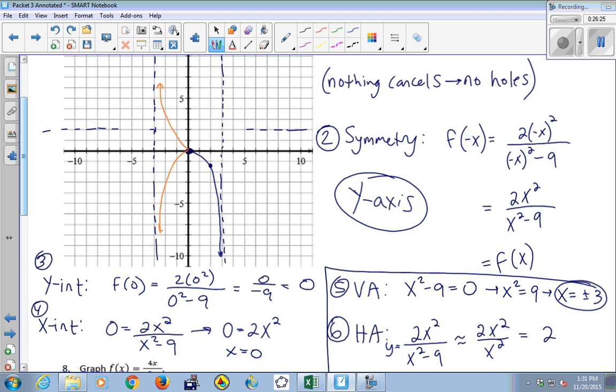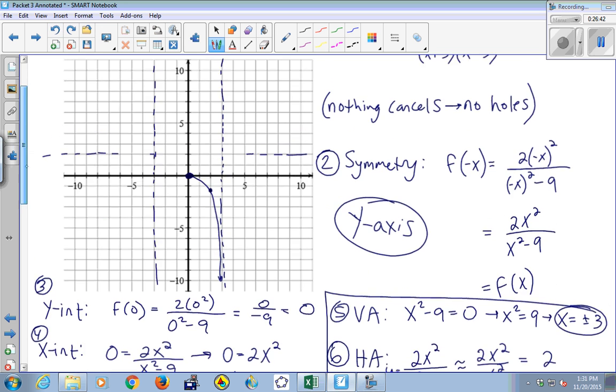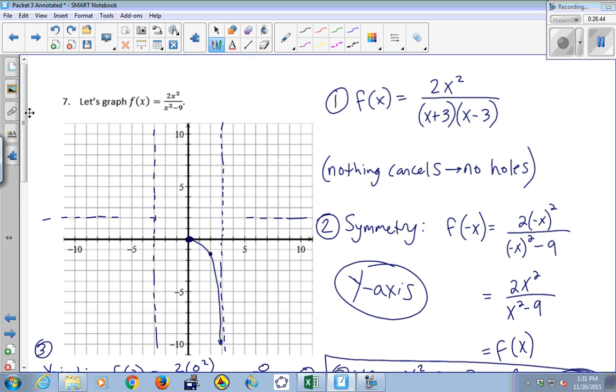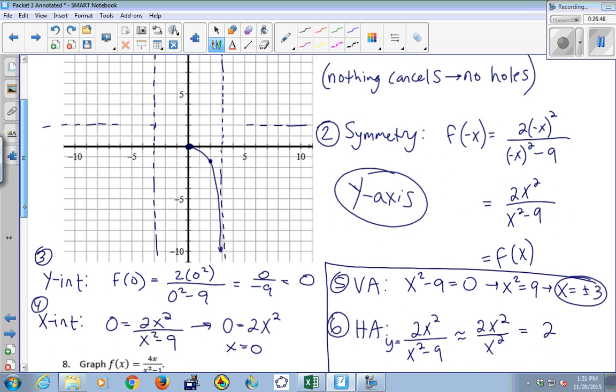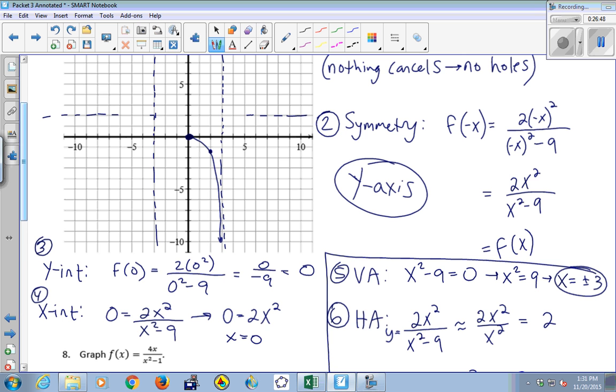What do you think, Lex? Yeah, it's got y-axis symmetry because it's an even function. So it's got y-axis symmetry. We looked at the symmetry as step 2. We said it has y-axis symmetry. So the other half has to be the mirror image over the y-axis.